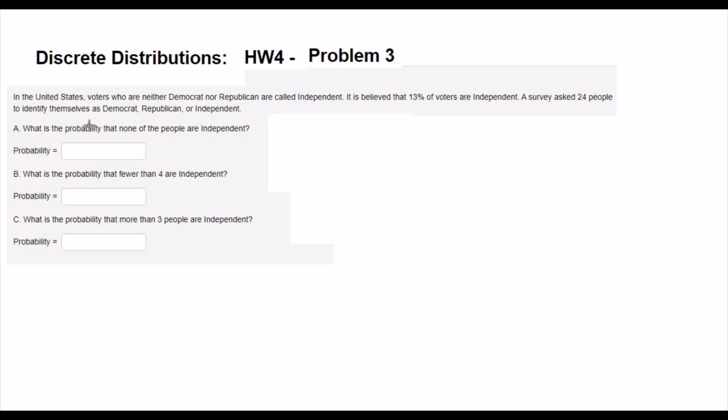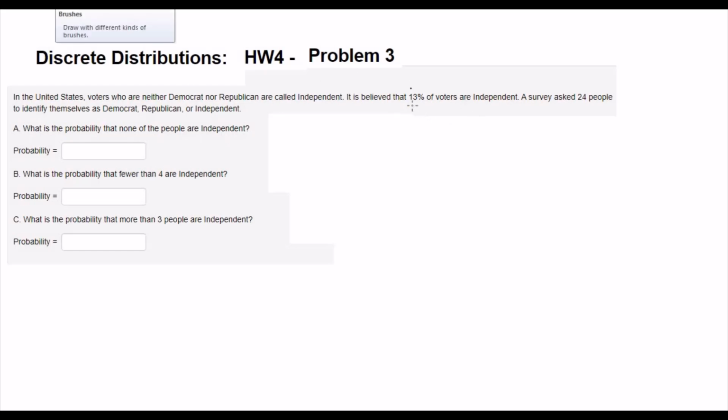Problem number 3. In the United States, voters who are neither Democrat nor Republican are called independent. It's believed that 13% of the voters are independent. A survey asked 24 people to identify themselves as Democrat, Republican, or independent. What is the probability that none of the people are independent?